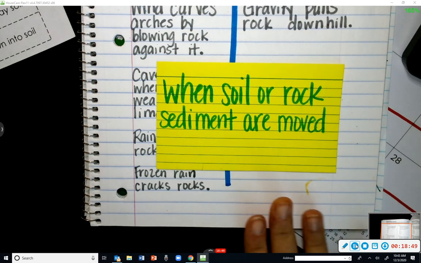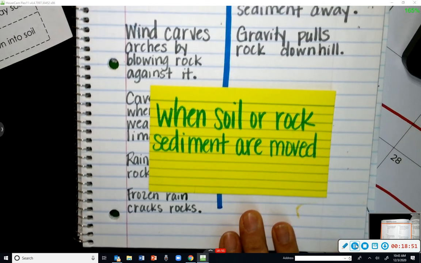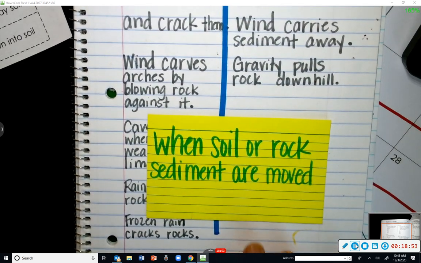Okay? When soil or rock sediment are moved. All right, what is it? Erosion. Erosion, good.